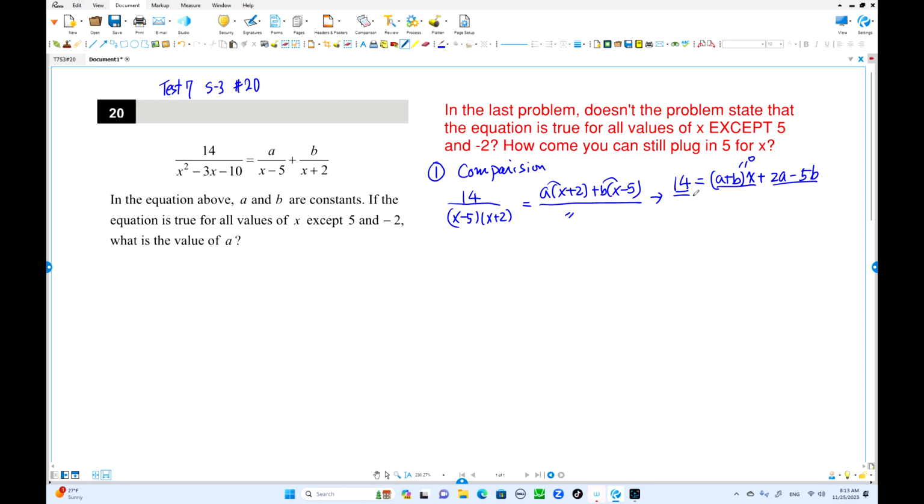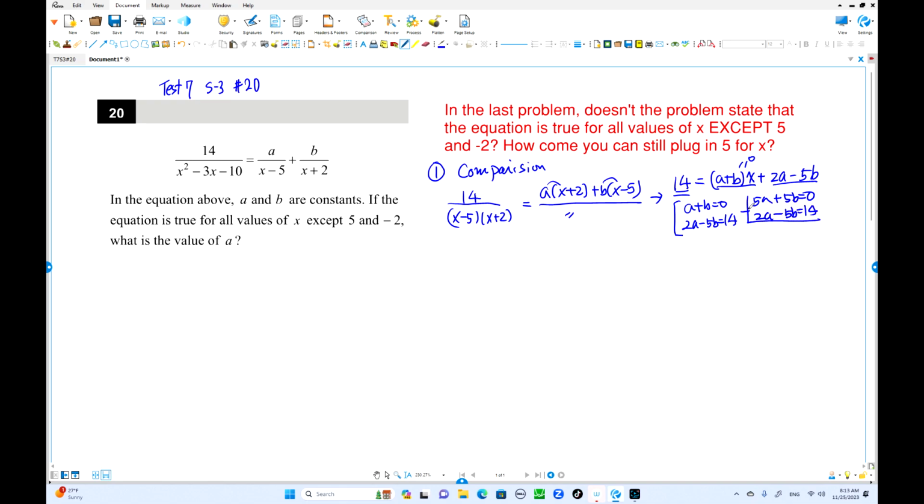From here, we can get two equations. a plus b equals 0, and 2a minus 5b equals 14, right? System of equations. So over here, multiply the first by 5 to eliminate variable b. 5a plus 5b equals 0. 2a minus 5b equals 14.